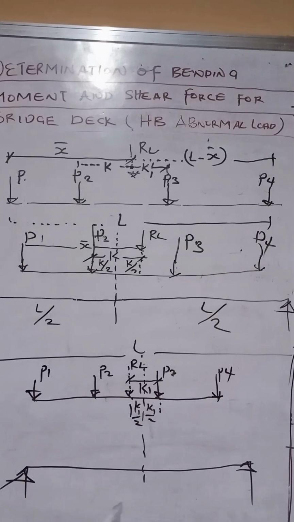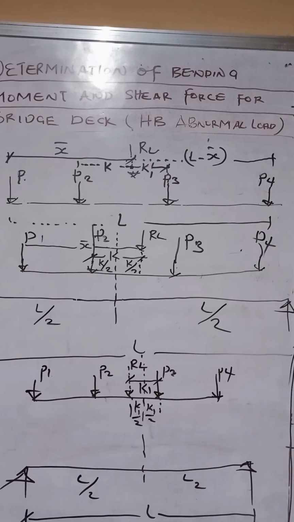So once the load is stationed this way, the next thing you are going to find out is, here, remember our beam, L over 2, L over 2, total span is L. So when you do this, you now determine the moment at point load P2 and the moment at point load P3, and find out which of them will give you the maximum moment.